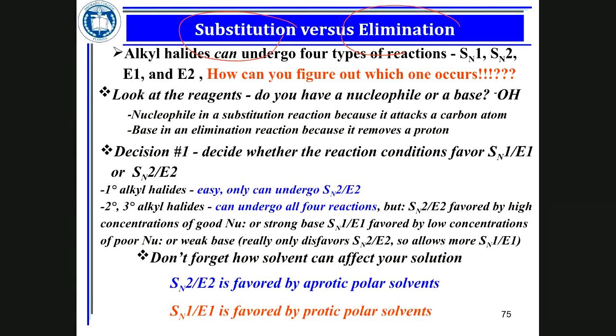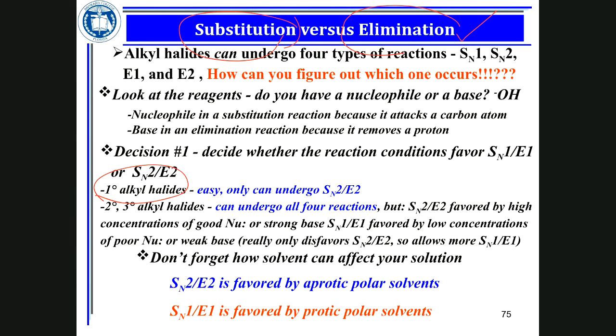High temperature favors elimination over substitution. That's one of the major differences. So high temperature always favors elimination. If it's a primary alkyl halide, it's going to go SN2 versus E2.